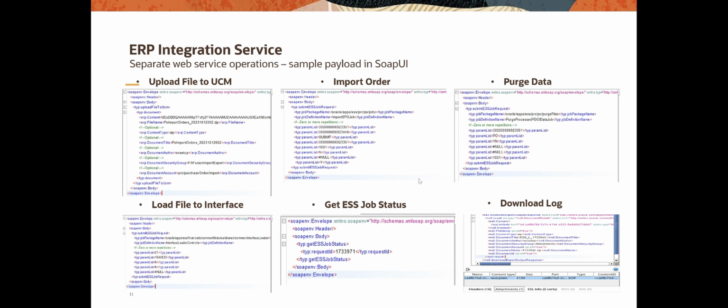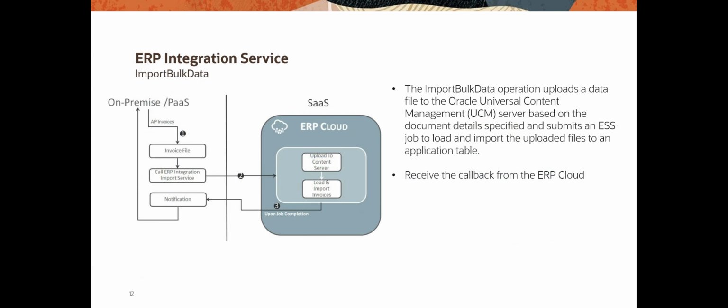So those operations give us step-by-step control and are particularly useful when you want to handle validations and error checks between different stages. Instead of calling each web service operation separately, Oracle also provides a simplified alternative, which is the import bulk data operation.